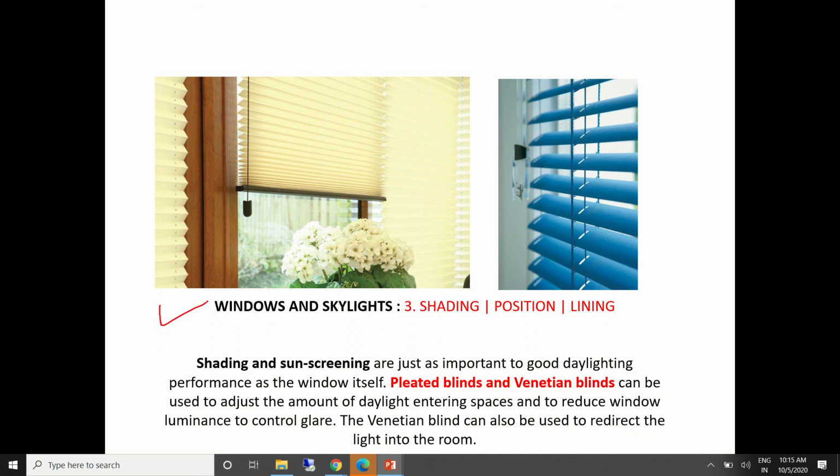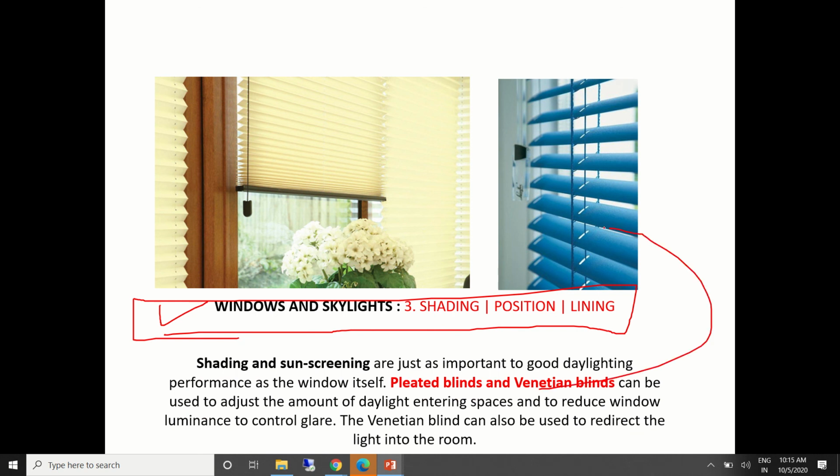Also the most important parameter when we talk about the window as a system is the shading device. Shading can happen both inside and outside. These are some examples of what we can do inside, and outside we know that there are different types of sunshades that we can think of when we talk about the design of windows.